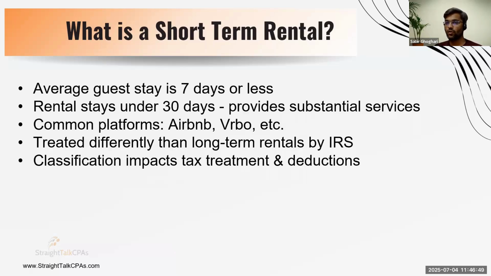So if you provide substantial services, then even if the average customer stay is more than 7 days, it qualifies as a short-term rental, but it will be reported on Schedule C, and you will be paying the self-employment tax. But it serves the purpose of turning your loss into non-passive and taking advantage of the accelerated depreciation. We'll talk about that in the next slide, which is really an important point.